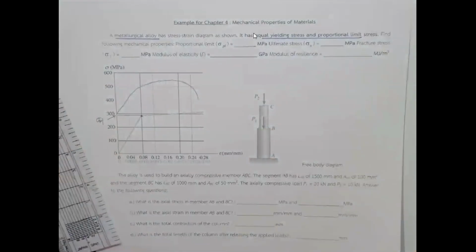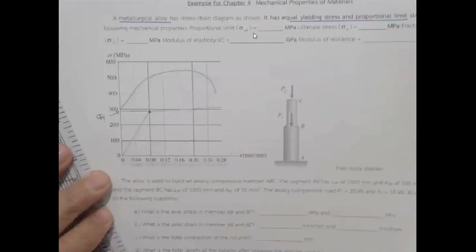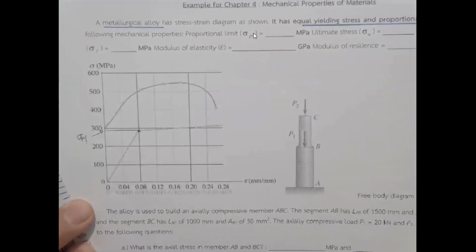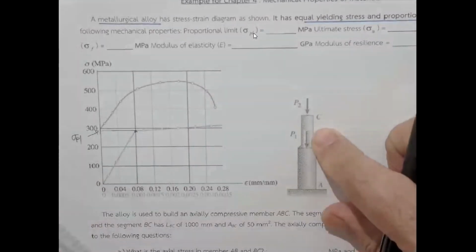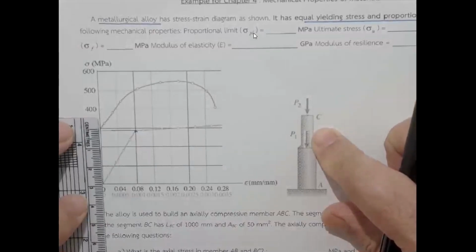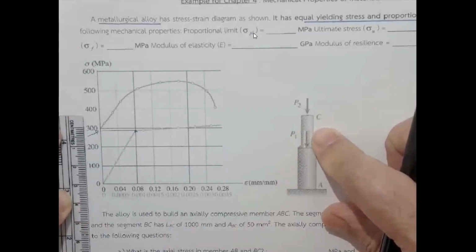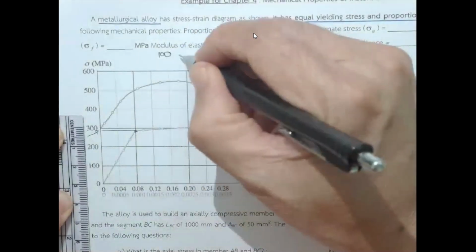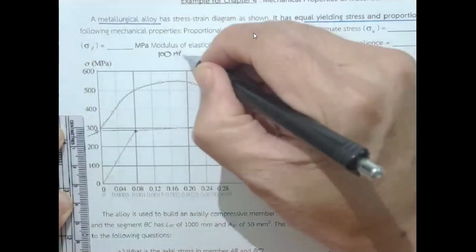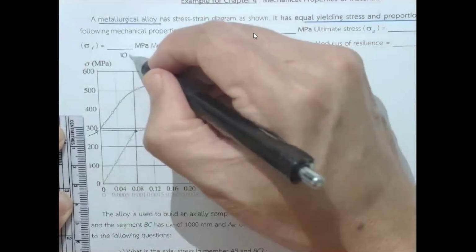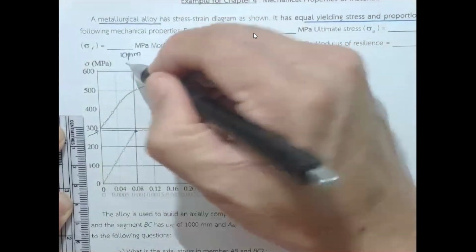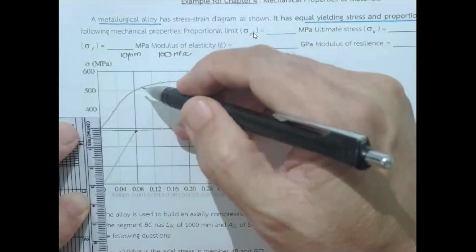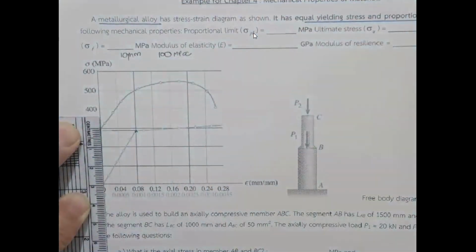And then let Ajahn zoom in a bit. If you take a close look, you may see this is 10 millimeter for 100 megapascal. So you may have 100 megapascal, that's equivalent to 10 millimeter. Then measure over here. You may get 1.5. You may get 2.0. Okay.